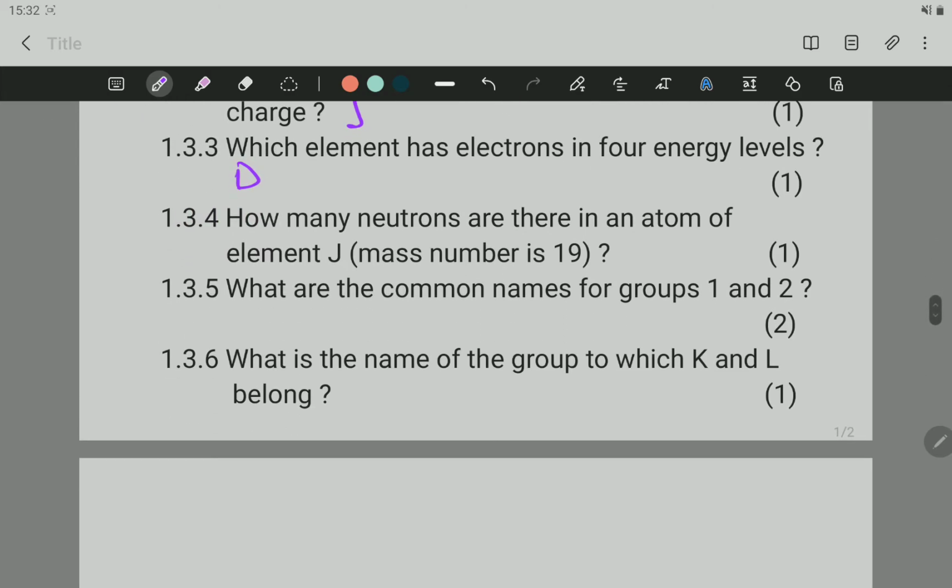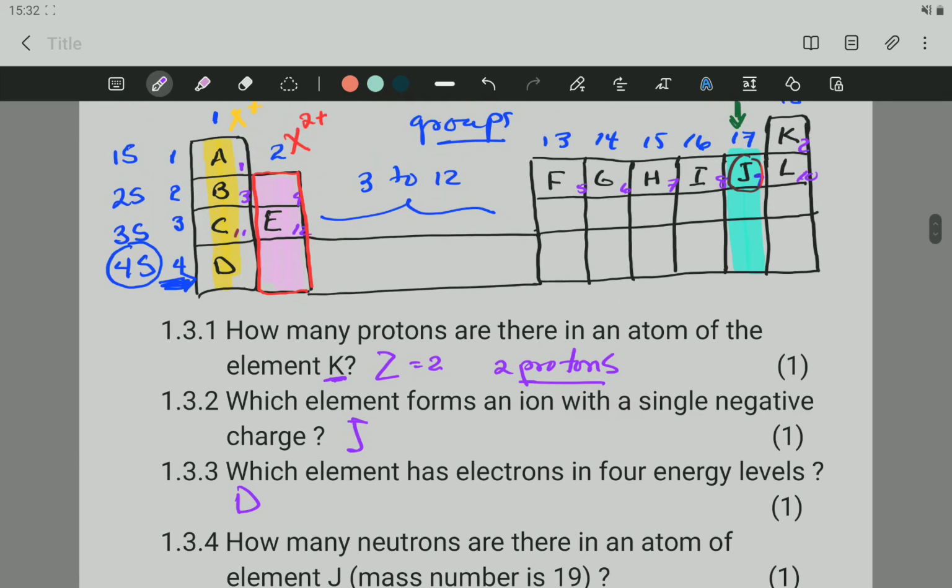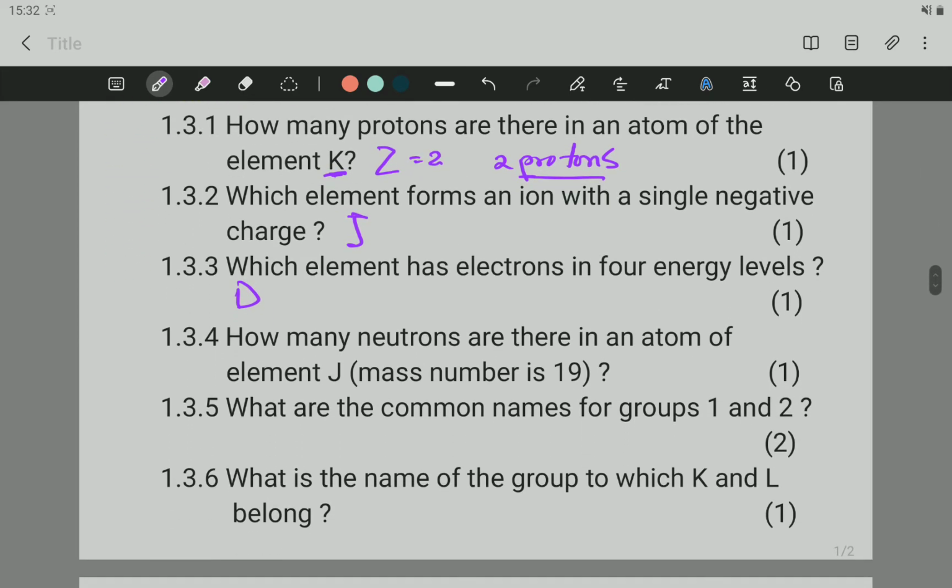Question 1.3.4. How many neutrons are there in an atom of element J? Element J is this one here. And they are telling you that element J has a mass number of 19.